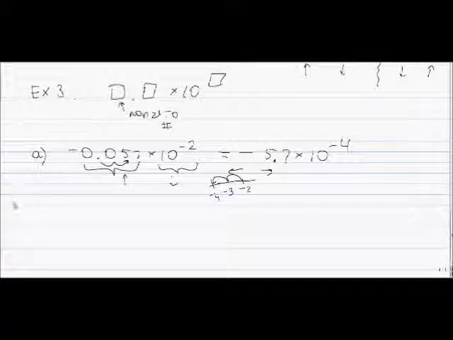Another problem is going to be 0.045 times 10 to the 5th. So again, two parts. We got part 1 and we got part 2. This is improper for proper scientific notation.